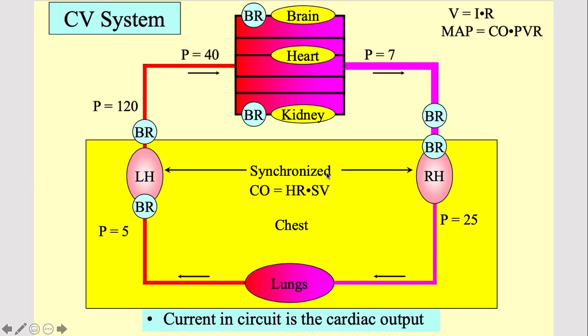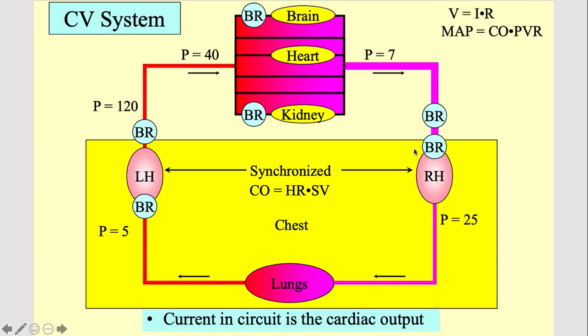So we need to somehow regulate that stroke volume. How do we do that? Essentially, the stroke volume is going to be regulated by the venous pressure. Remember, most of our blood sits in the venous system. So let's say the right heart is pumping extra.